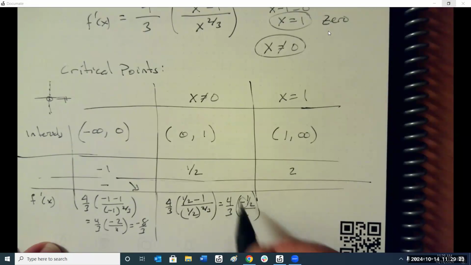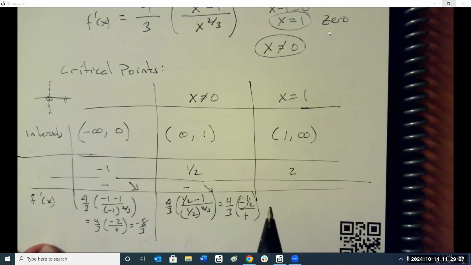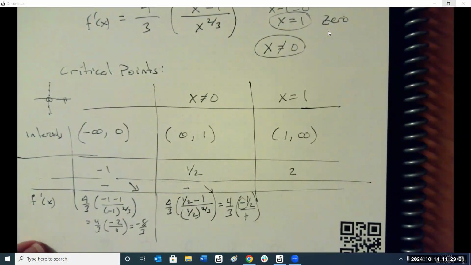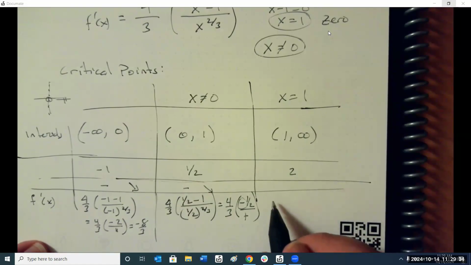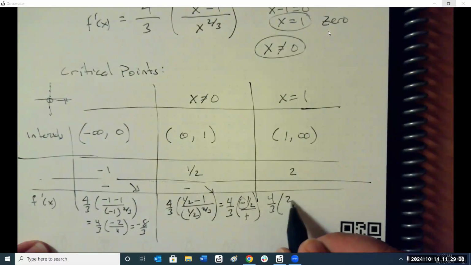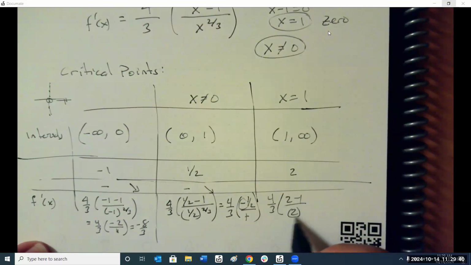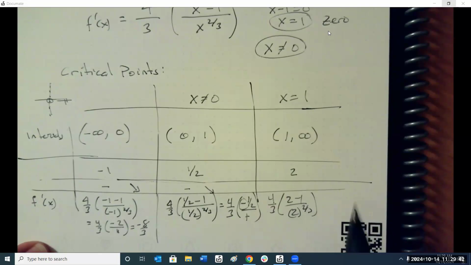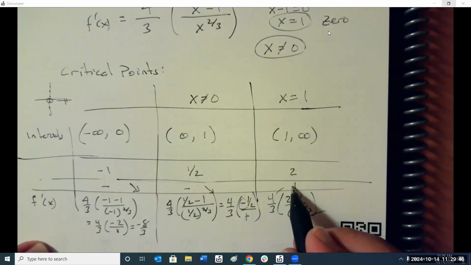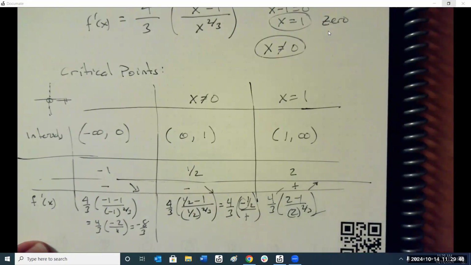So the answer is going to be negative. Let's see it at 2. 4/3, 2 minus 1, over 2 to the power 2/3. That's positive. 2 minus 1 is positive, so it's increasing.